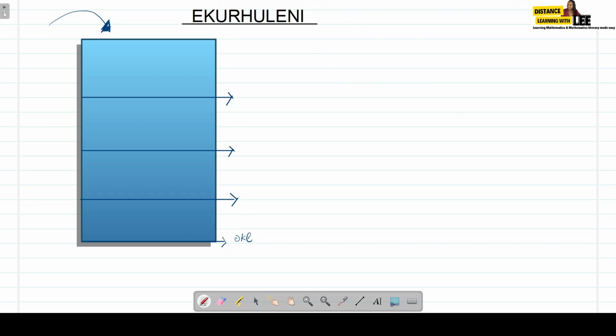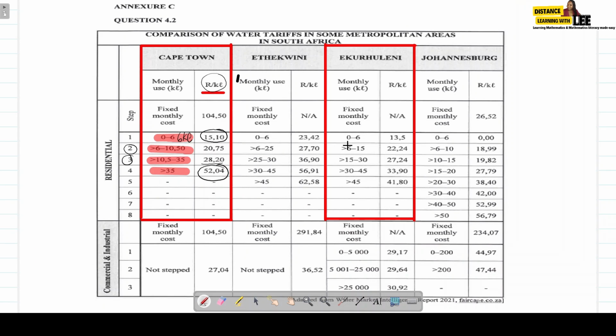Let's see, what are the intervals that are given to us for Ekurhuleni? You're going to go from 0 to 6, from 6 to 15, from 15 to 30, from 30 to 45.